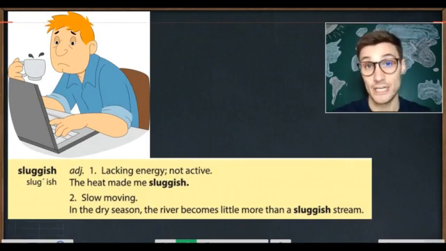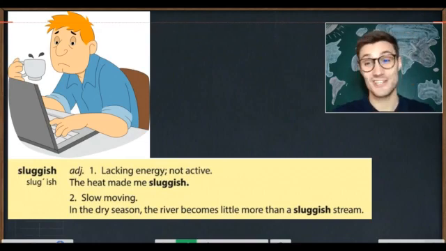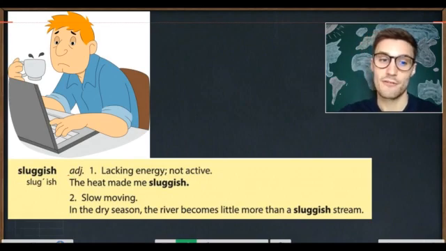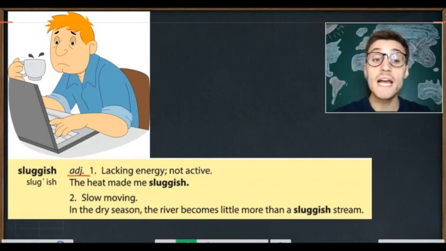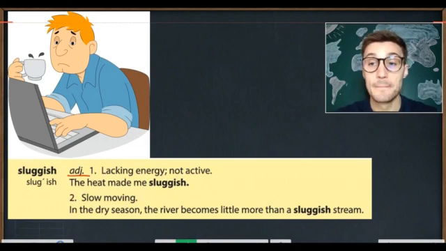The next word is sluggish. Sluggish. Sluggish has two adjective meanings. First, we use the word sluggish to describe a movement which lacks energy, or someone lacking energy, not active. I'm very sluggish today.